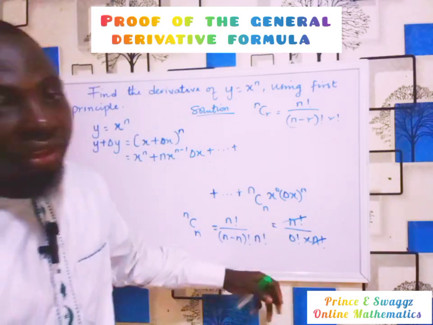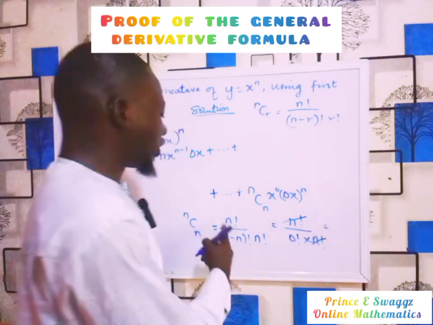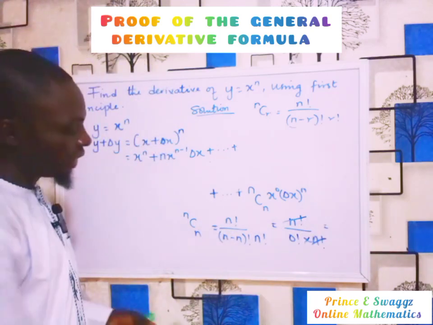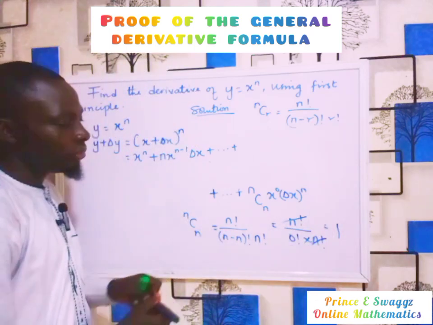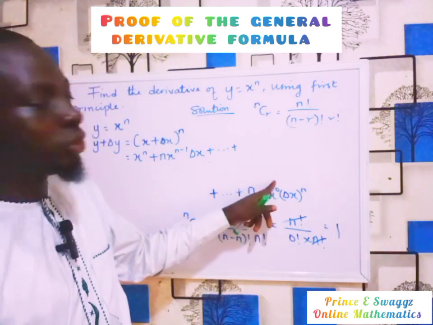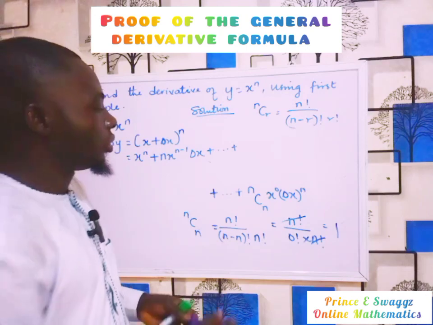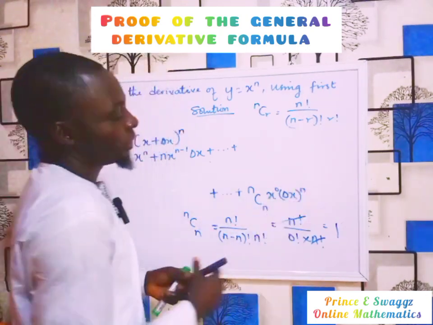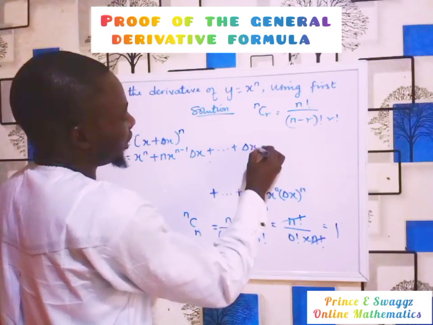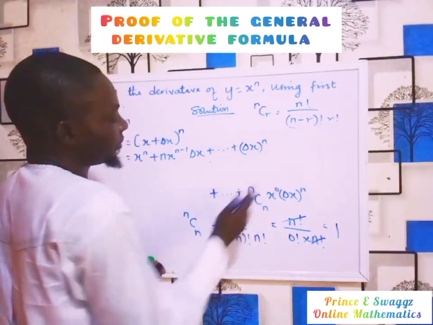And 0 factorial is 1. So the coefficient of our term here is going to give us what? 1. And x raised to power 0 is what? 1. So 1 times 1. Then 1 multiplied by this delta x all raised to power n will give us delta x all raised to power n.